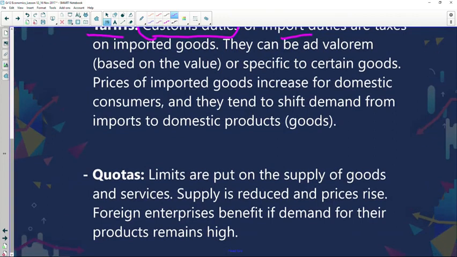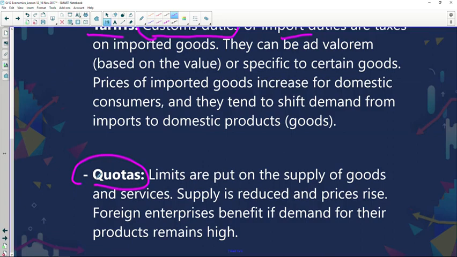And then also a quota system could be used, which puts limits on the supply of goods and services. Supply is reduced and prices rise. Foreign enterprises benefit if demand for their product remains high. So if a quota is put into place, it would limit the supply of goods and services.